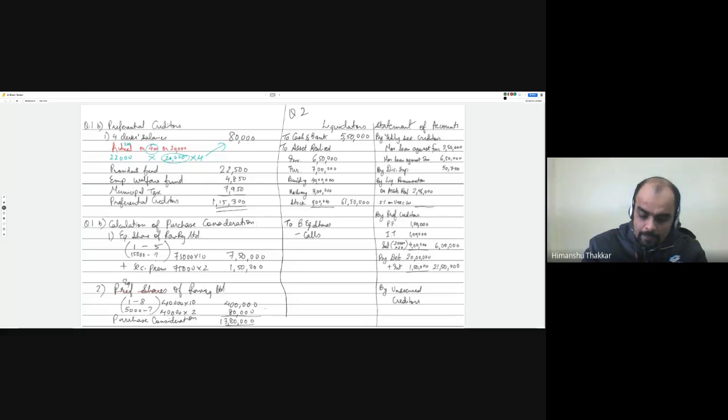6 lakh rupees. Now whatever amount you have on the receipt side minus whatever amount you are going to pay, total amount that you have, out of that you need to deduct the remuneration amount. Remuneration. So you will get the answer.